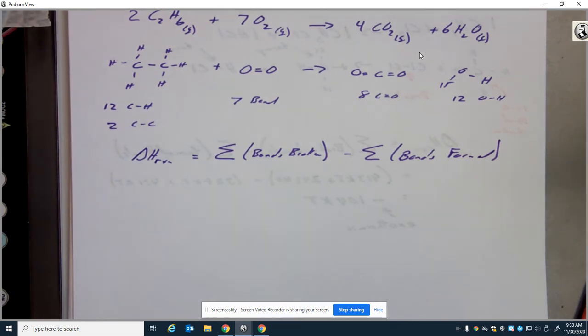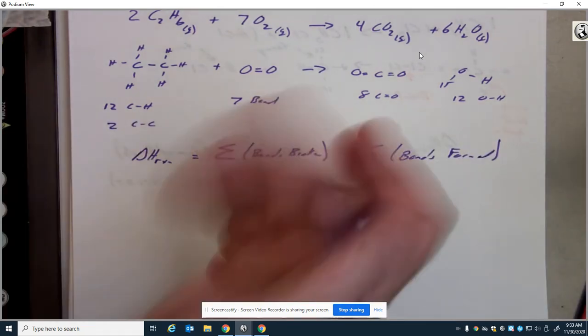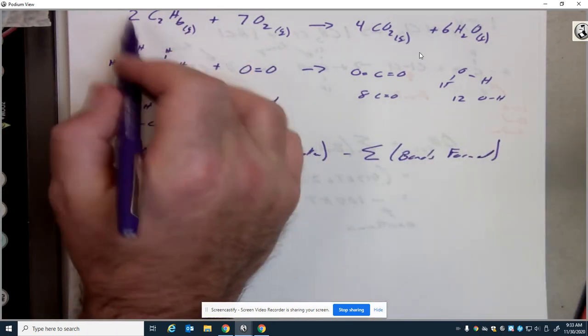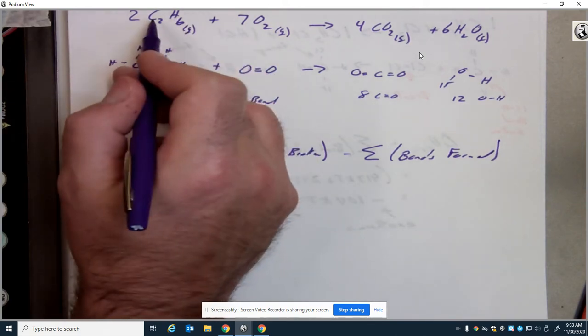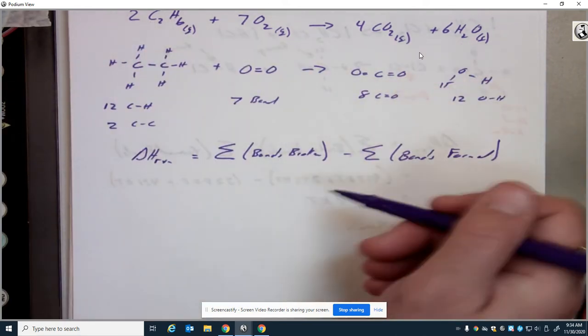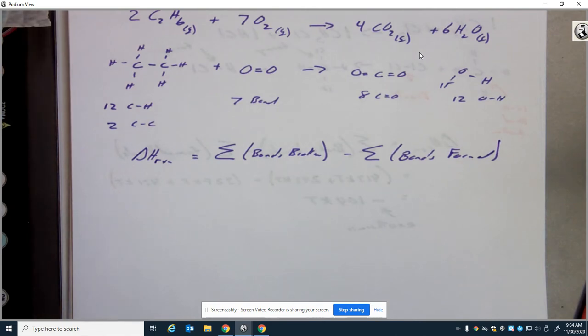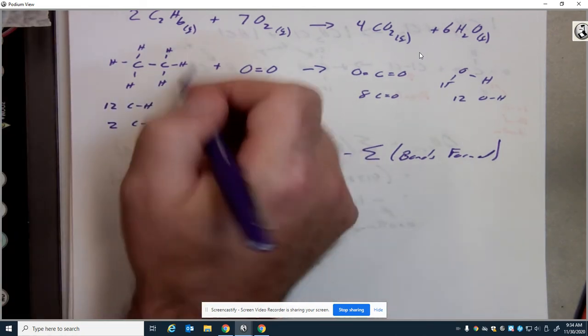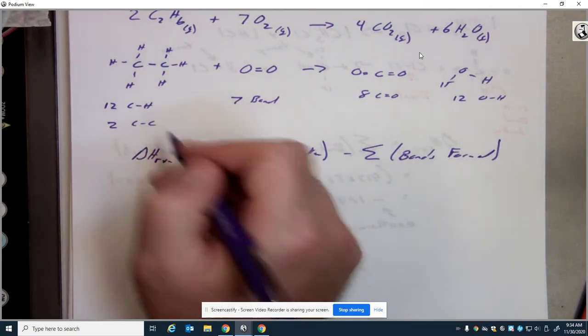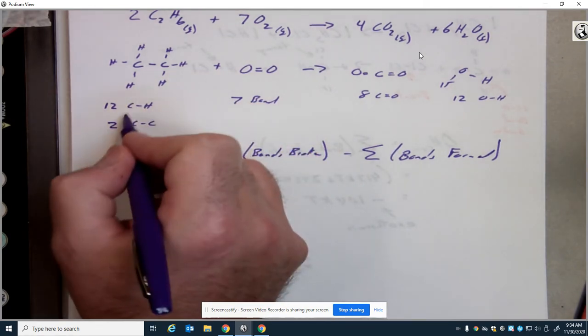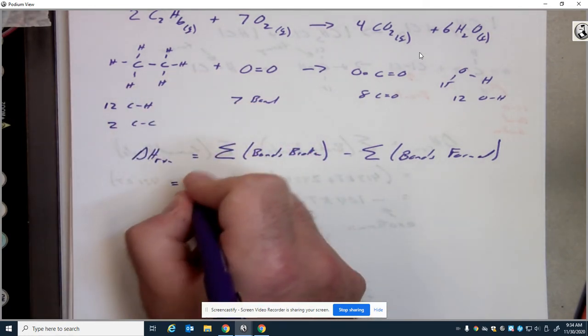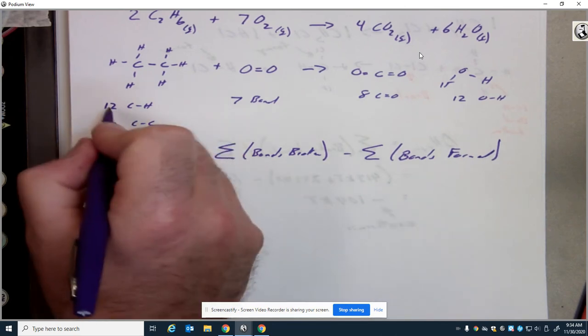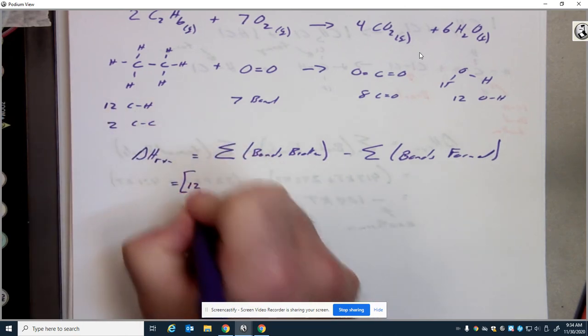Now we can already take a guess if this is going to be endo or exothermic. Okay, so we're burning this, so this should be exothermic. So our answer should be negative. All right, so let's go ahead and put in our numbers. Let's start with this guy. We have 2 different ones that are happening here. We have 12 CH bonds.